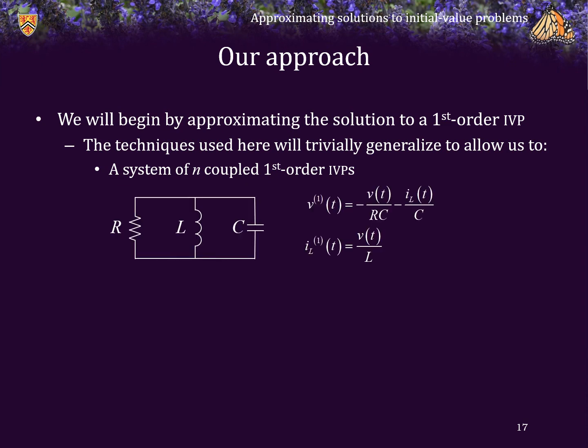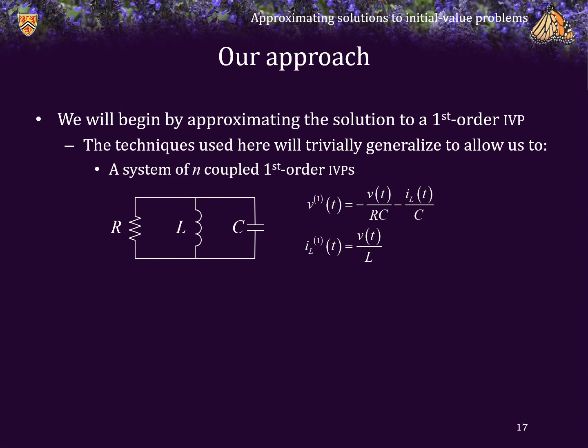For example, here we have an RLC circuit in this format, and if you were to write down the equations, you'd see the differential equations are the ones you see on the right-hand side. So we have two ordinary differential equations. What are the initial conditions? The initial conditions are, of course, the current on the inductor and the voltage between the two nodes that you see.